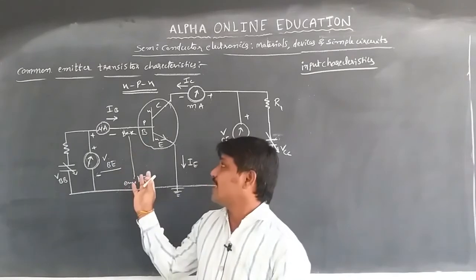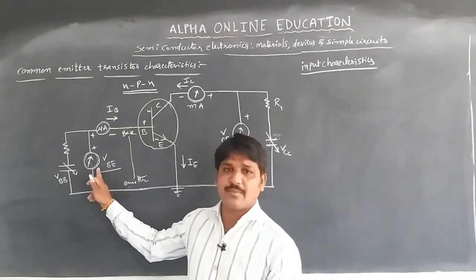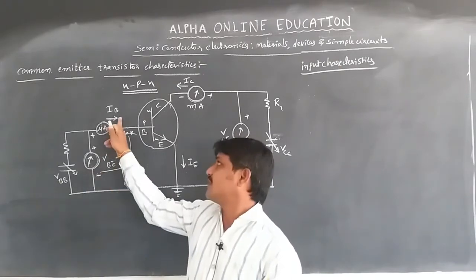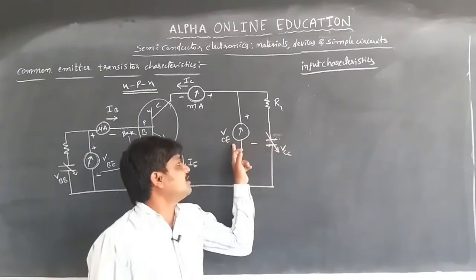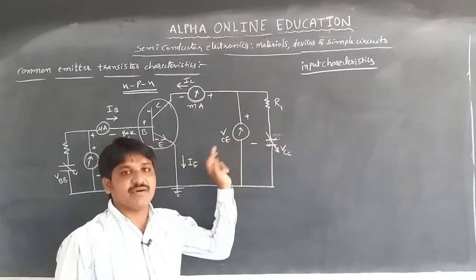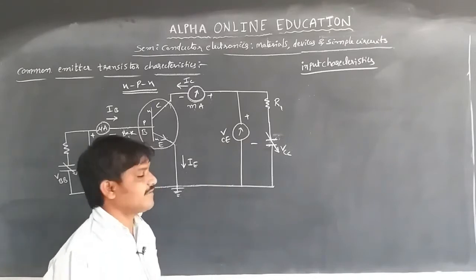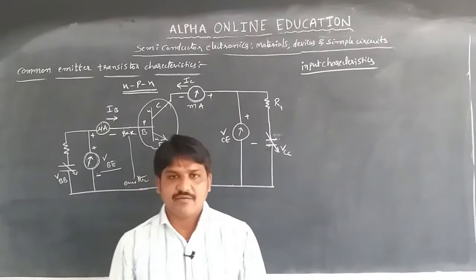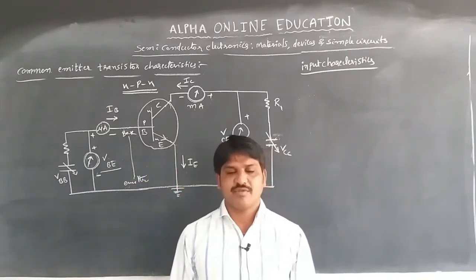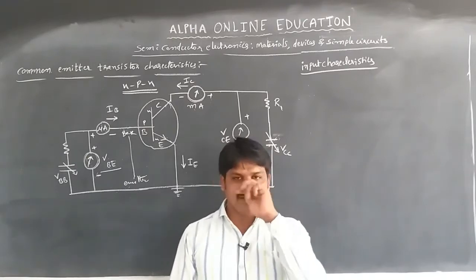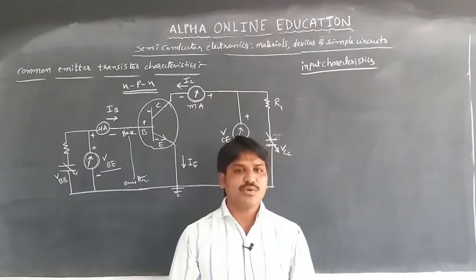By changing the voltage between the base emitter junction, we note the base current values, keeping the output potential VCE constant for different values. We plot a graph between the base current and the potential between the base emitter junction. Then curves are formed, and these curves are called input characteristics.